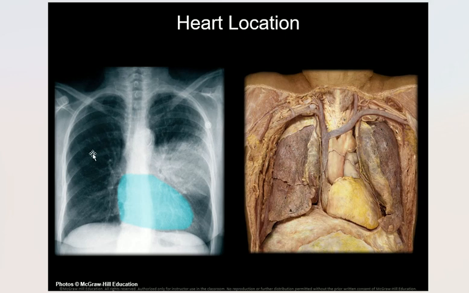What you see on the x-ray here, we call a heart shadow. That is what's blue. Remember, x-rays show really dense objects really clearly, so the bright white is going to be your densest object. Here, the bones are going to show up bright white. And an enlarged heart would actually show up really high, or a little bit more to the left on an x-ray, but we typically don't use x-rays to look at hearts.